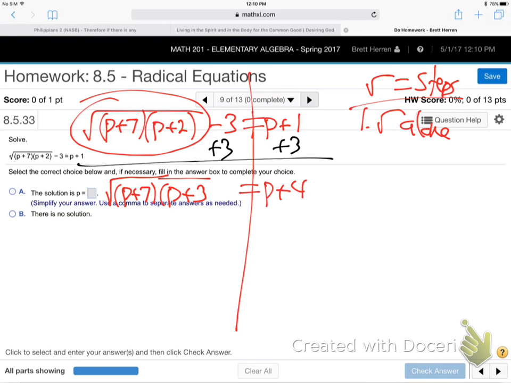Is that good to there? And then step number 2 is the 2 power thing. Getting the hang of that? You always want to do math in steps. So there's our step 2, 2 power both sides.